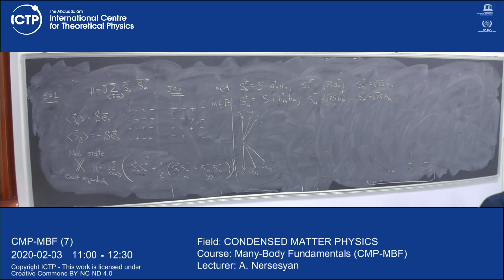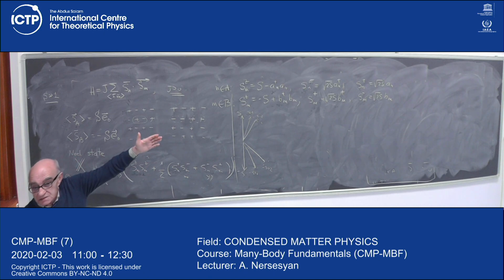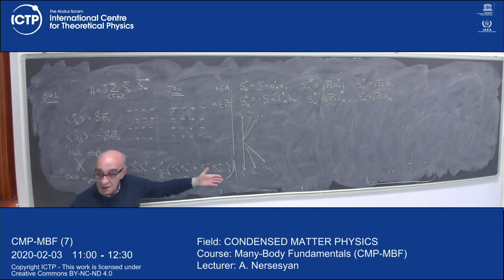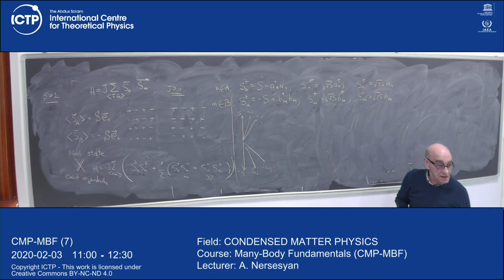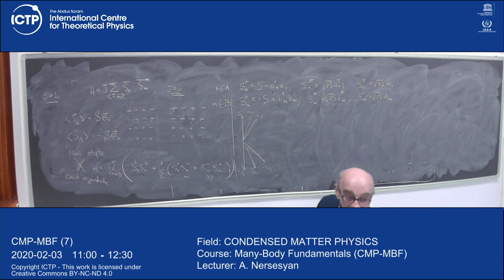Now, what do I do next? I simply take this. Everything is already written as it should be. I have all the expressions for the components of the spin operators on the two sublattices. I plug in, keep the terms of order S squared, which will be the ground state, keep the terms of order S, that will be excitations, and drop the terms of order 1.